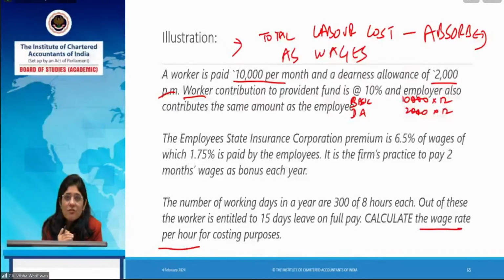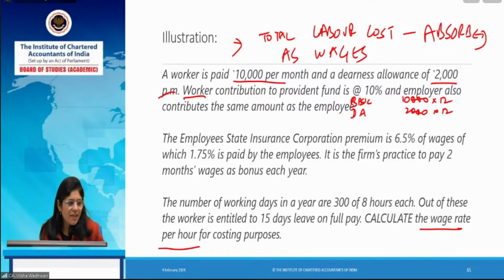Students, which contribution is relevant for us in this question? Both the contributions are given to us, worker contribution and employer contribution. Which contribution do we have to take into account?